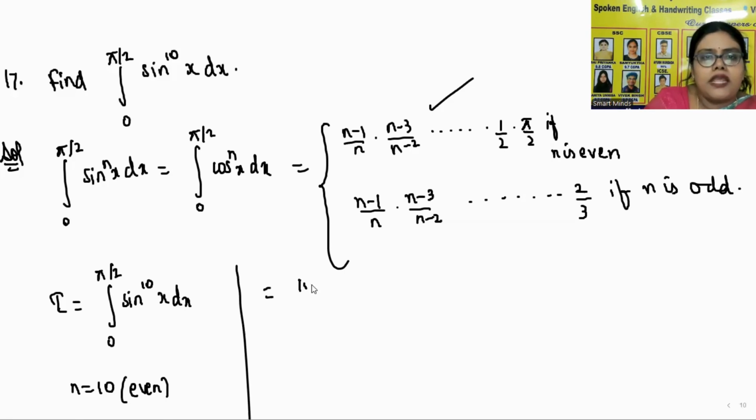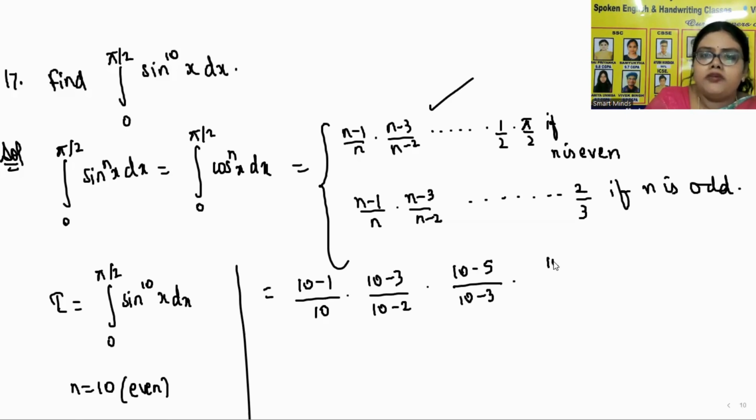So that is 10 minus 1 by 10 into 10 minus 3 by 10 minus 2. Then we have to reduce 10 minus 5 by 10 minus 3. Then 10 minus 7 by 10 minus 4. Then 10 minus 9 by 10 minus 2.